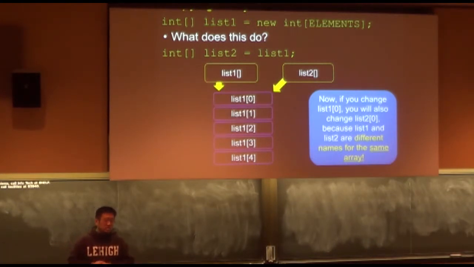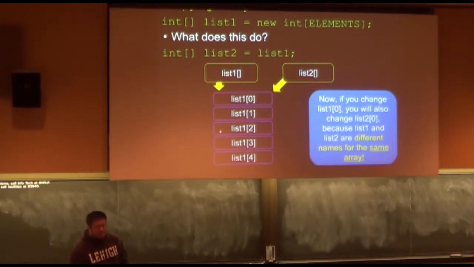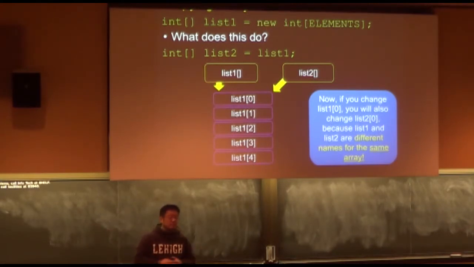So for example, if list1 had 5 members here, and I ran all this code, so imagine that I allocated list1, and in fact imagine that I assigned values to all of these members here, and then I declared list2 and had it point to list1, then if the value of the third member of list1 is 5, right? If list1 sub 2 is 5, then list2 sub 2 is also 5, because it points to the same memory. But if I change the value of list1 sub 2 to 10, right?